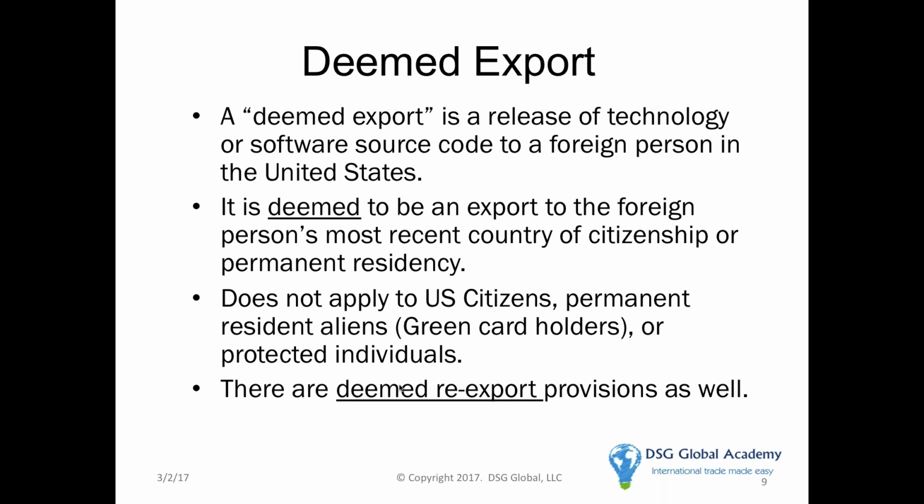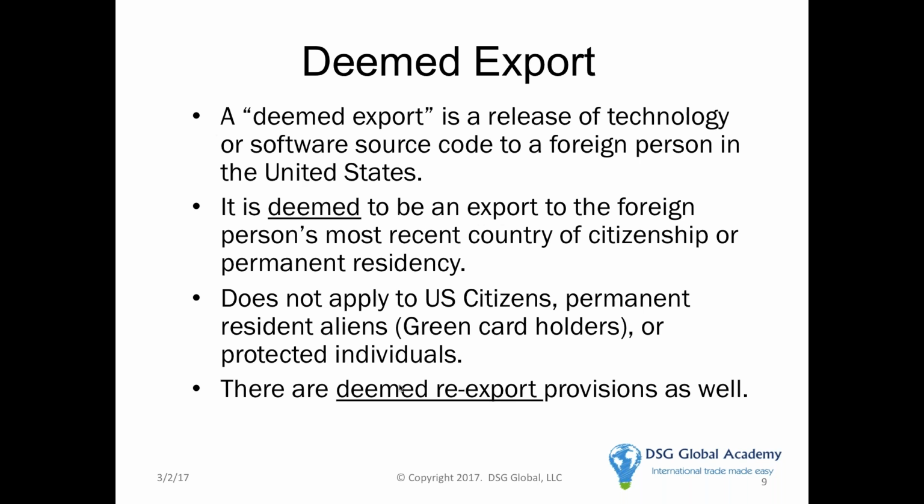For example, let's take the example of Iran. Suppose there's a jet propulsion project, and a brilliant PhD student is working on the project. You would need a deemed export license for that Iranian national, because the export of that item to Iran is controlled and would need a license.